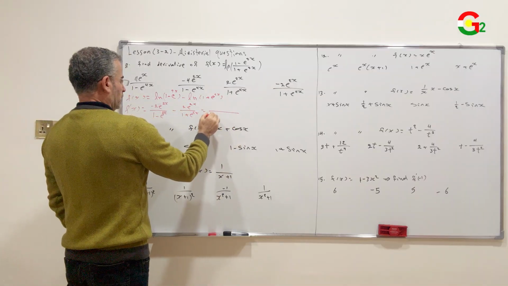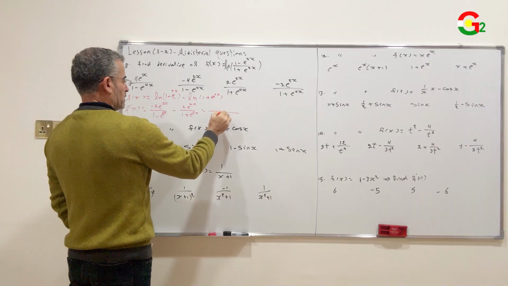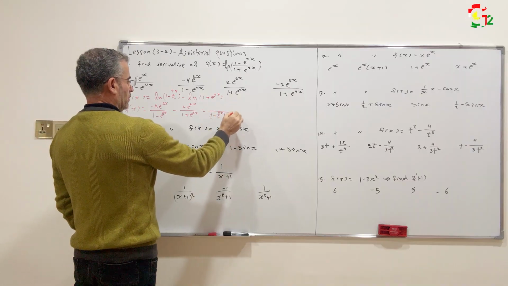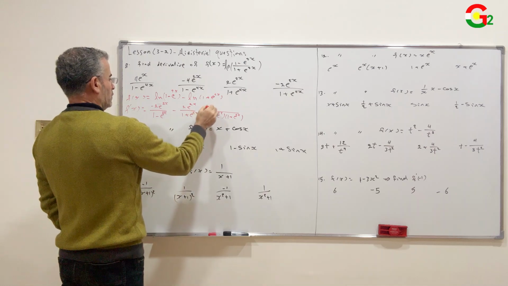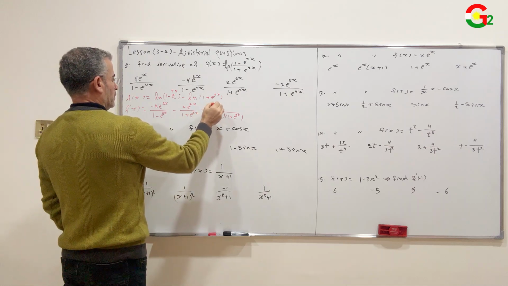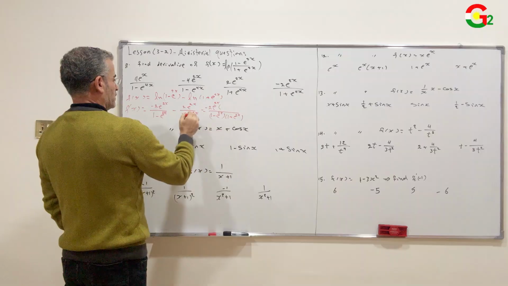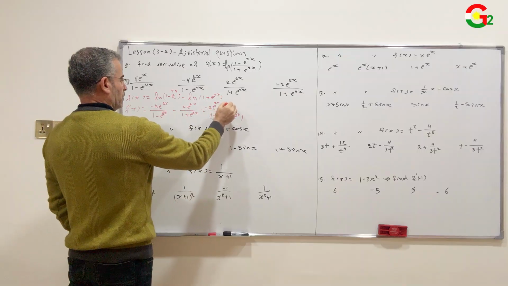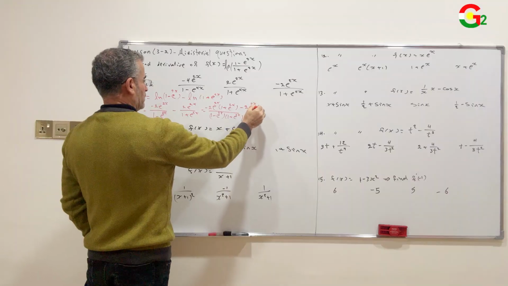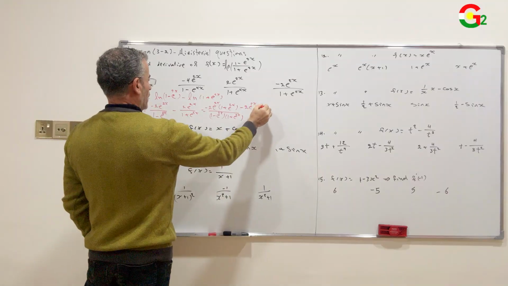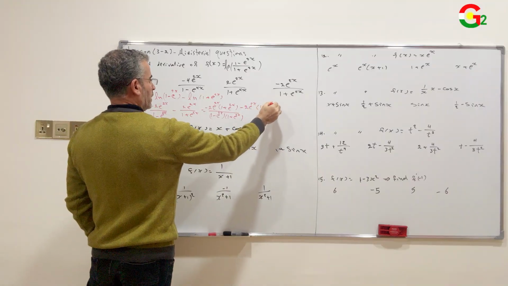Equal to the common denominator, 1 minus e to the 2x times 1 plus e to the 2x, with numerator negative 2 e to the 2x times 1 plus e to the 2x minus 2e to the 2x times 1 minus e to the 2x.